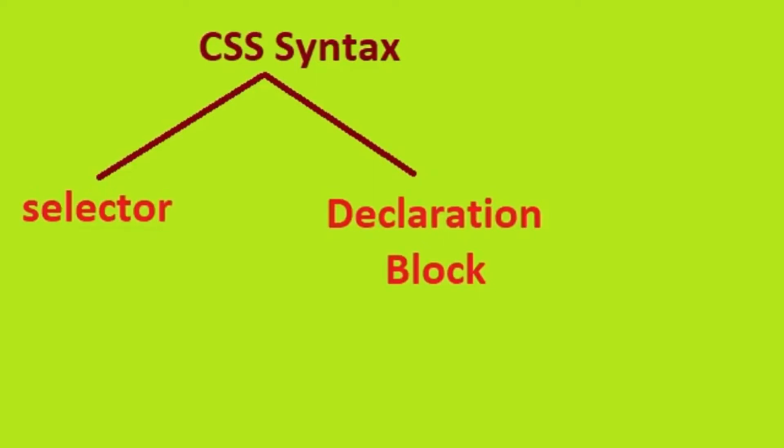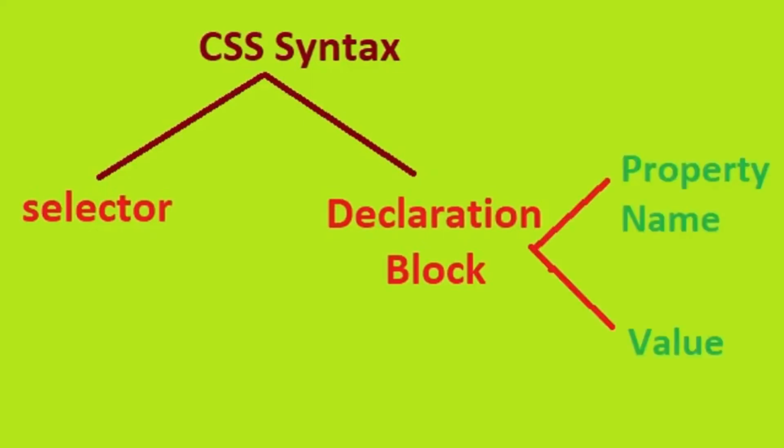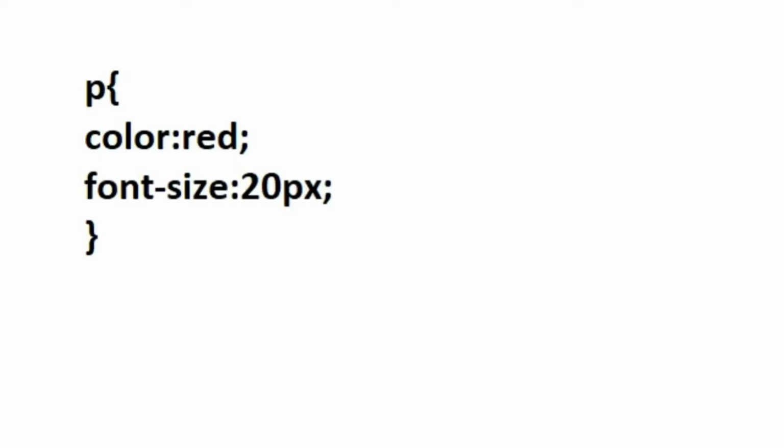In CSS, we declare the declaration block by curly brackets, and in curly brackets we have a property and its value. After the value, we put a semicolon that indicates that this statement has been terminated.